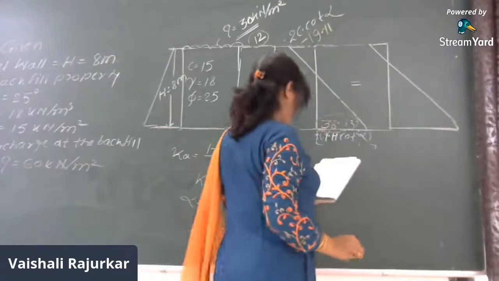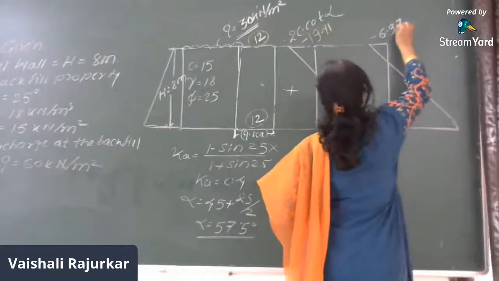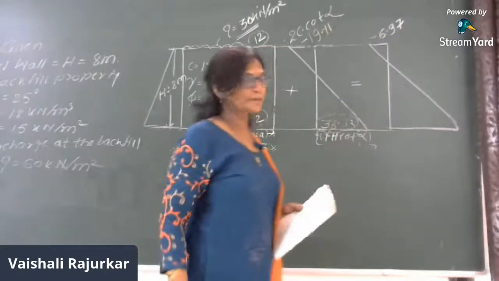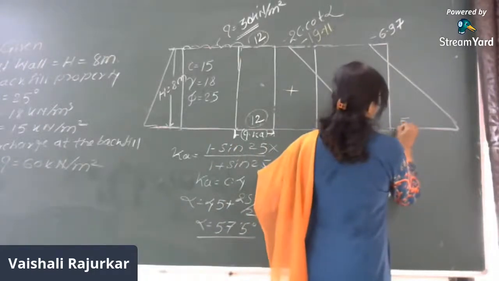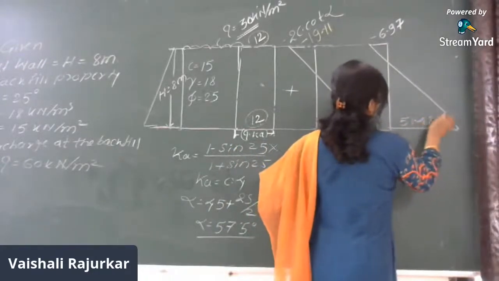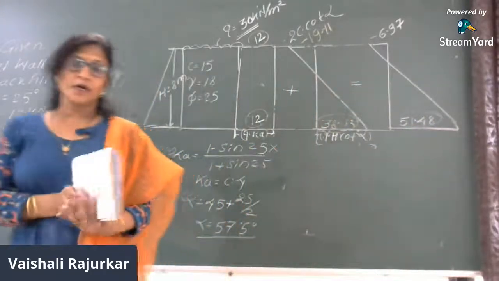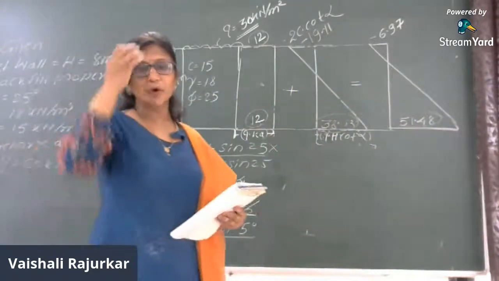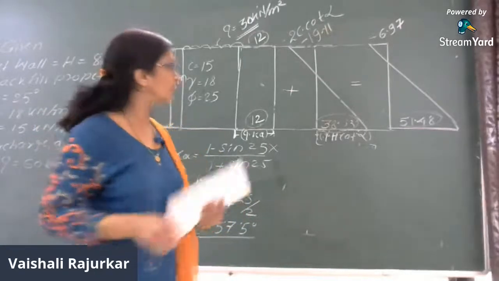So here this is now minus 6.96 or 97, and at the bottom it will be 51.48. Now again in this case also, whatever is the area of the positive distribution diagram, that we will consider for calculating the active earth pressure.